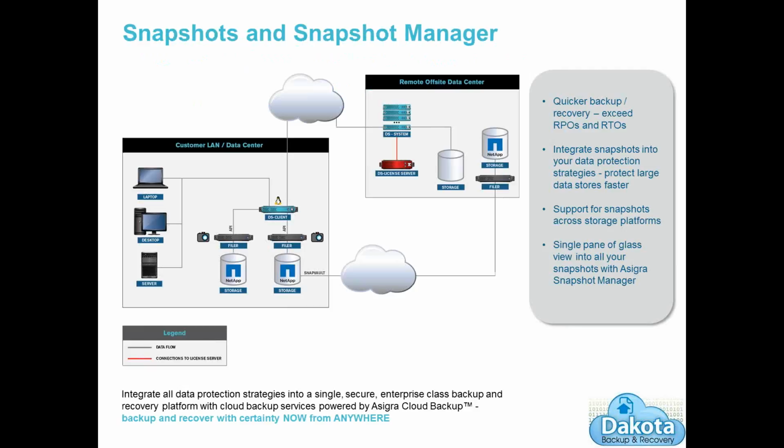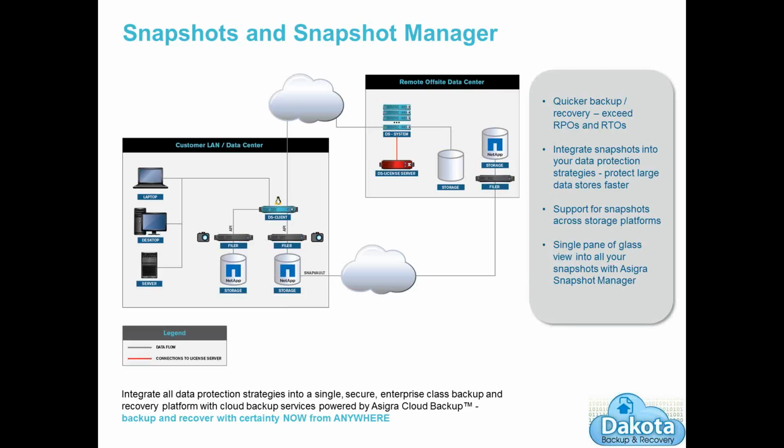We currently support NetApp storage as detailed in the version 12 support matrix, with additional vendors on the product roadmap, including EMC and Dell EqualLogic. Through the Asigra DS client, only block-level changes, the point-in-time copies of the file system, are moved to the backup repository at Dakota Backup into our top-tier NetApp hardware.